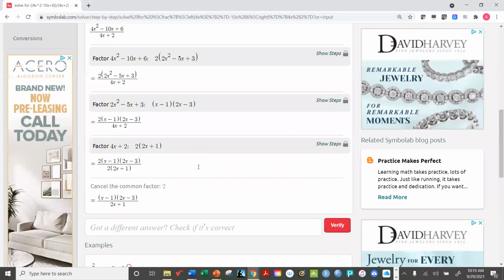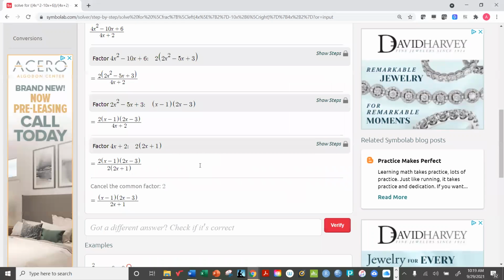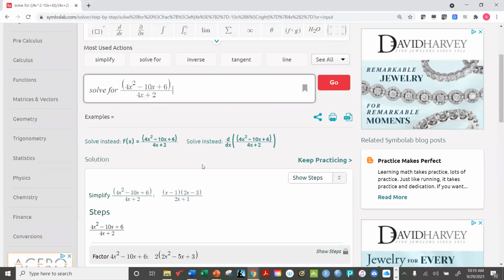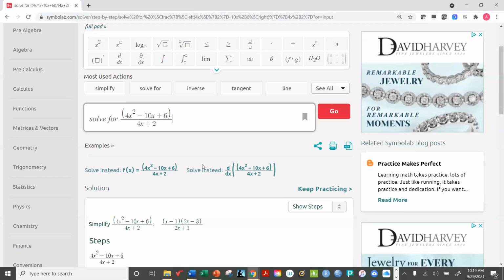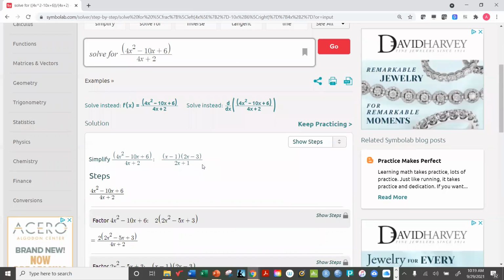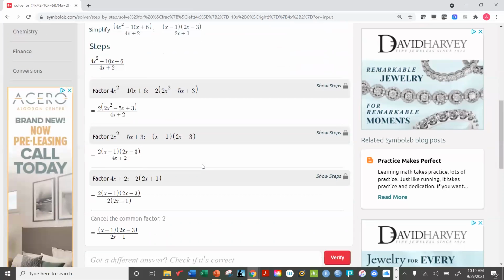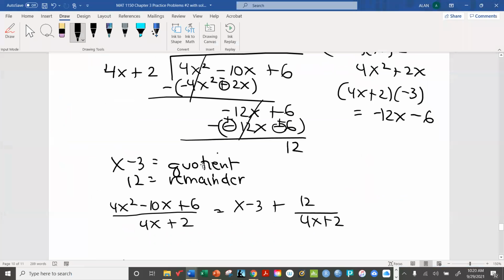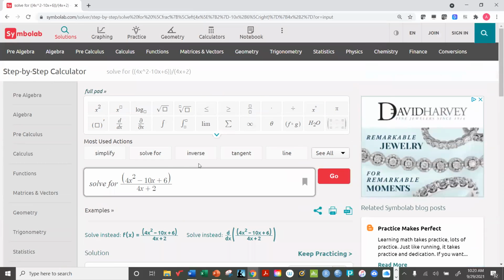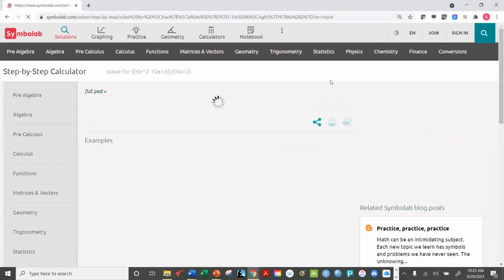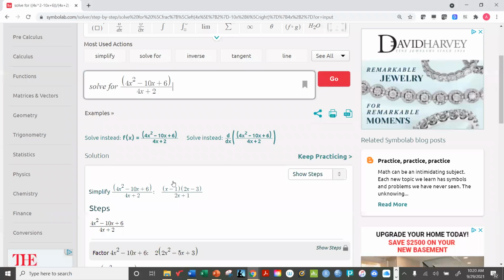Oh no, wait a minute. What's happening here? Wow, did I make a typo? I don't know what it's doing here. That doesn't look like what we have.